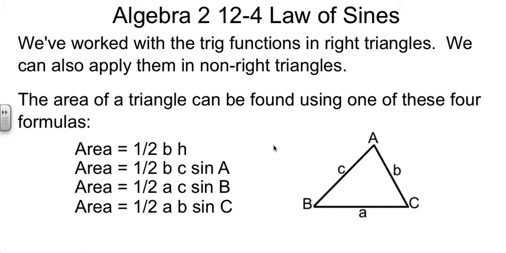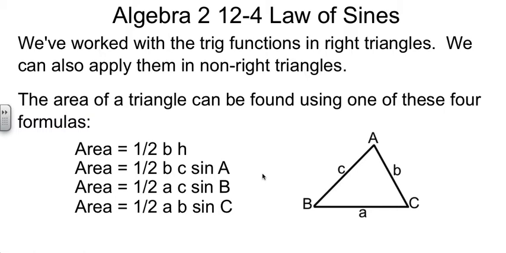Suppose we're not given the height. Well, we can work around that if we use one of these three other formulas. Either 1/2 BC sine A, or 1/2 AC sine B, or 1/2 AB sine C. Any of those formulas will get the job done.